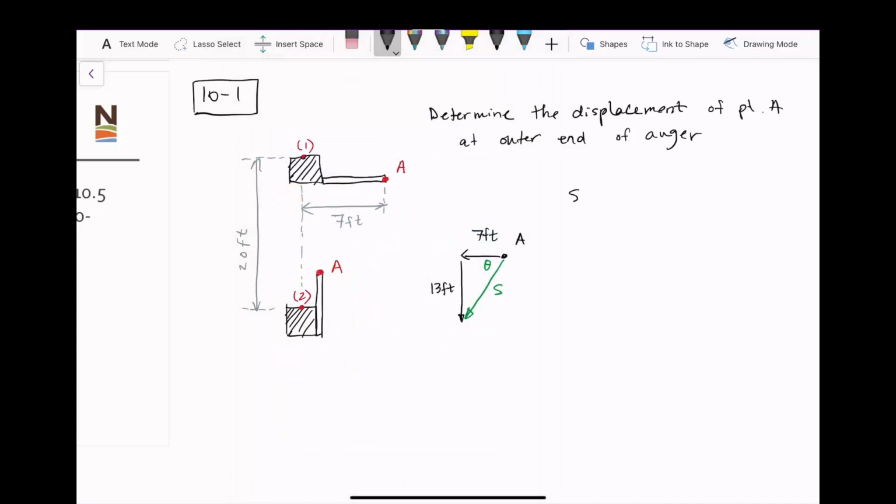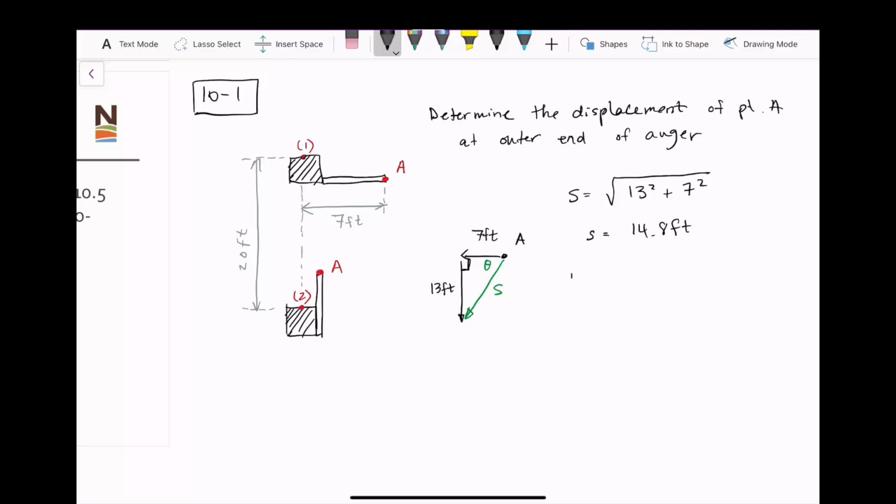And so S, since this is a right angle triangle and we have two sides, we can use the Pythagorean theorem. So S is equal to the square root of 13 squared plus 7 squared. S is then equal to 14.8 feet. As I said, that's not the final answer because we need the angle as well.